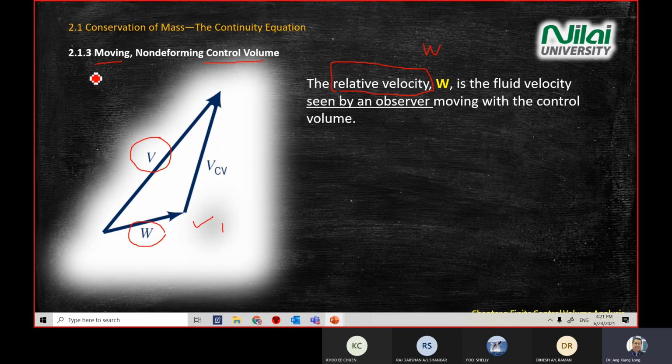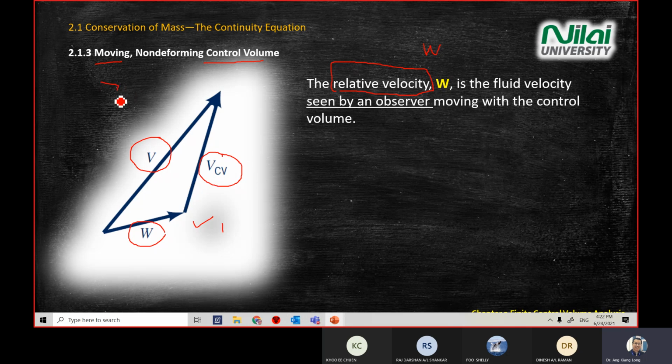However, starting from today, we are learning about moving control volume. So your control volume is moving, so there's a vector for your control volume. So the difference is between your object velocity or your fluid velocity and your control volume.